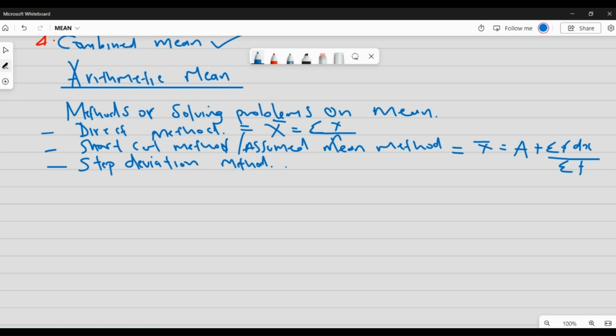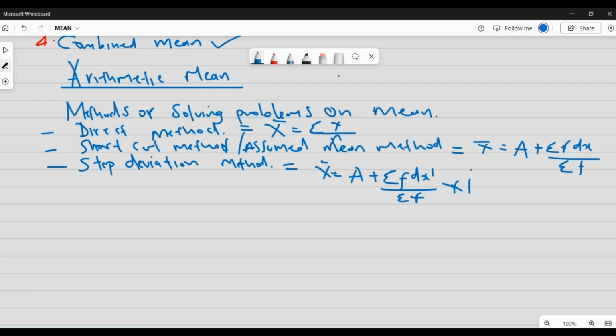And then for the step deviation method, the formula given is that mean is equal to an assumed mean plus summation of f d over summation of f, times i.